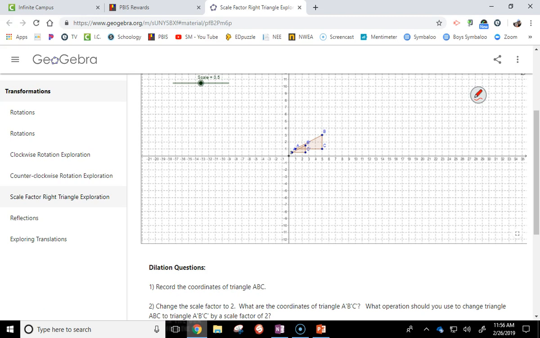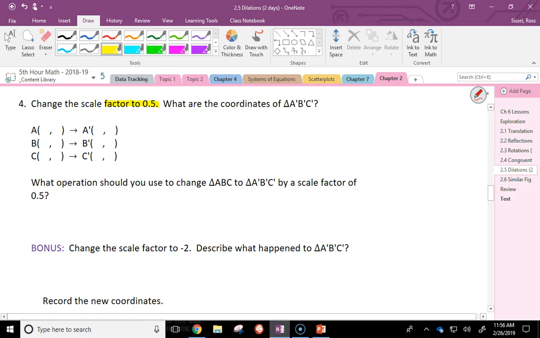Okay, let's put this note in. If our scale is less than 1, this one, it was less than 1. So anything between 0 and 1 is going to make my triangle smaller. This happens anytime with our dilations.